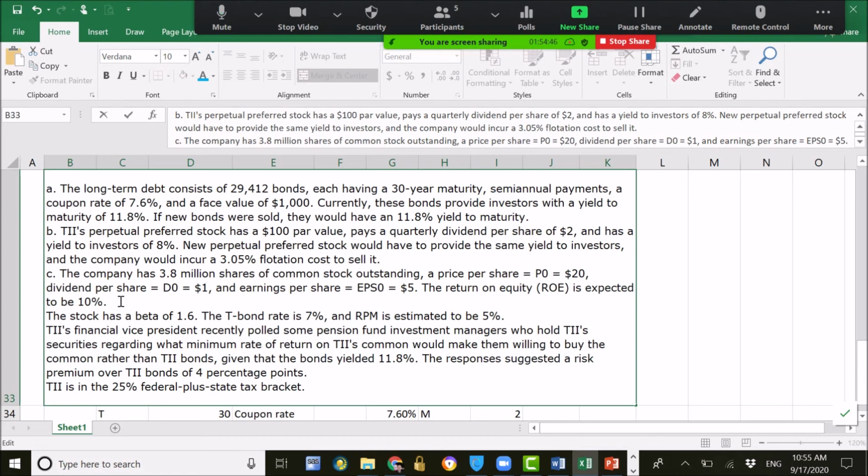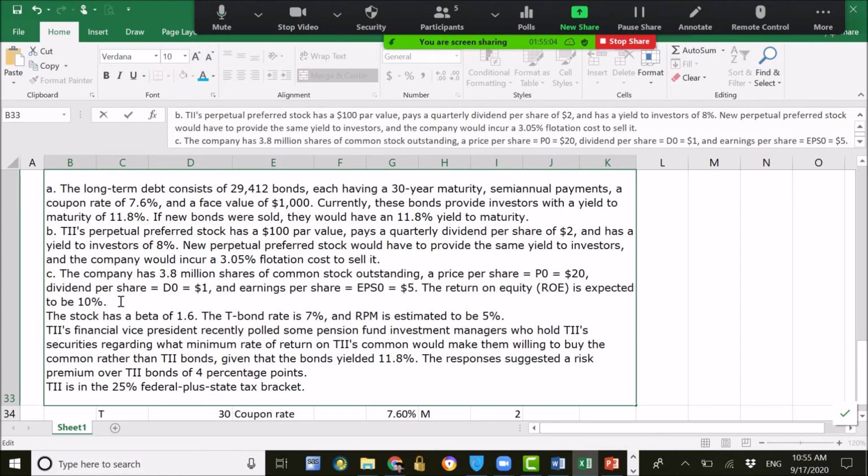So basically what is happening here is, this one is the cost of preferred stock.